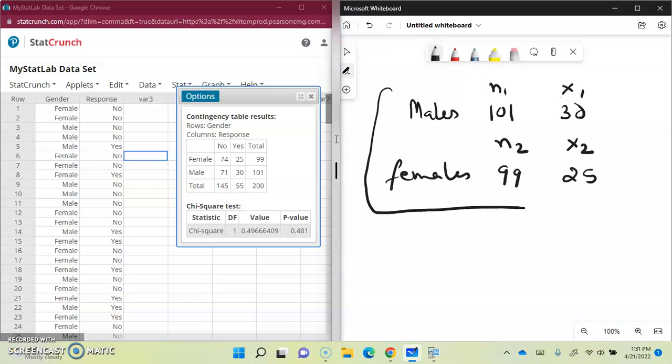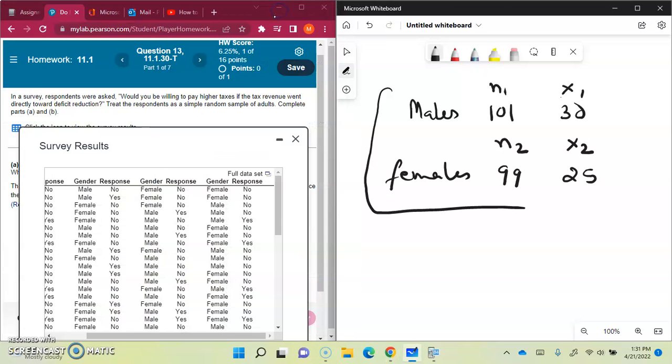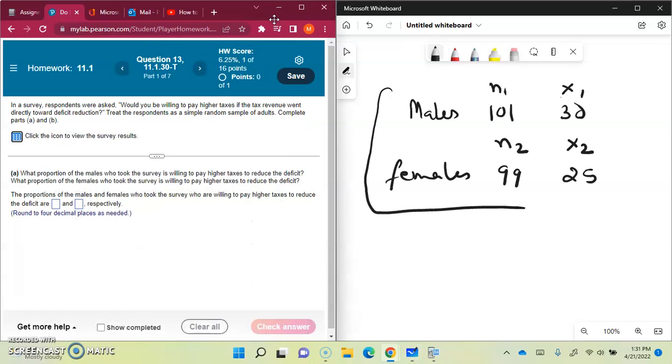We do not need all this chi-square statistic and all, so ignore that. So go back to the question. What proportion of the males who took the survey is willing to pay higher taxes to reduce the deficit? That would be 30 out of 101. And how many females?